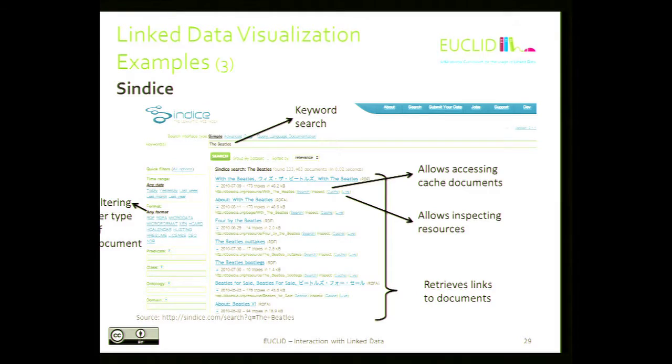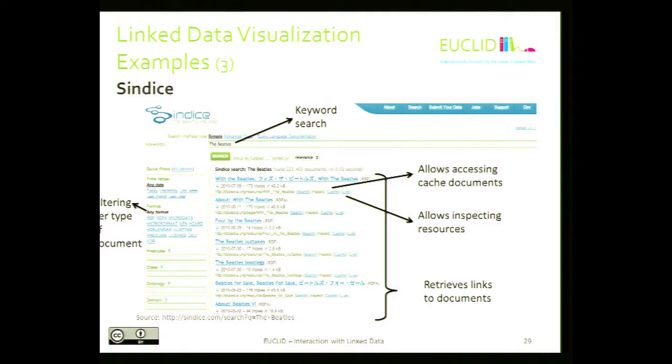Another example for such a text-based RDF browser is Sindice. The general idea is pretty much the same. You may start using the system by issuing a keyword search. You get a certain set of results, so URIs that may or may not correspond to the keyword search that you issued.